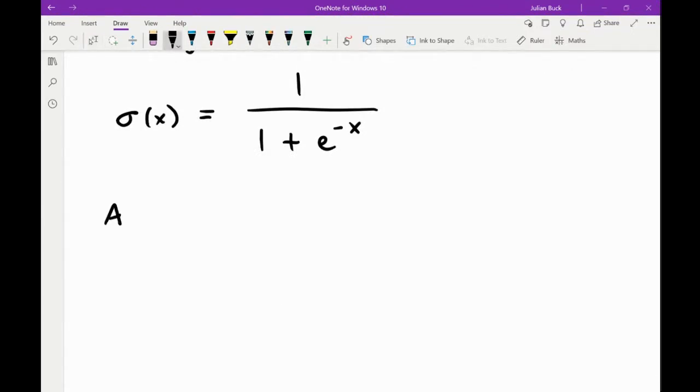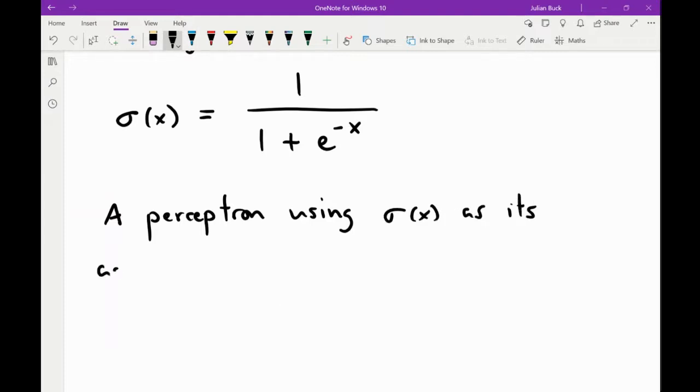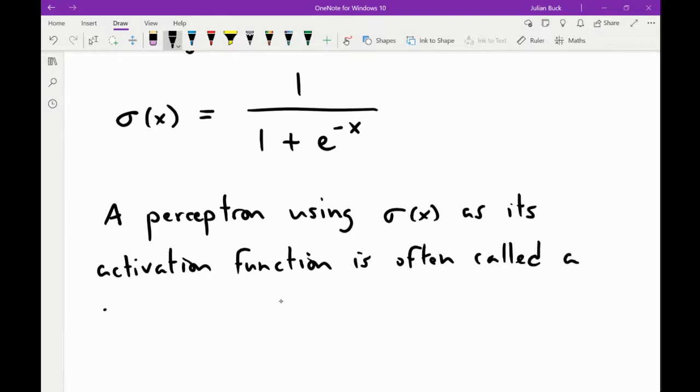So a perceptron using sigma of x as its activation function is often called a sigmoid neuron.